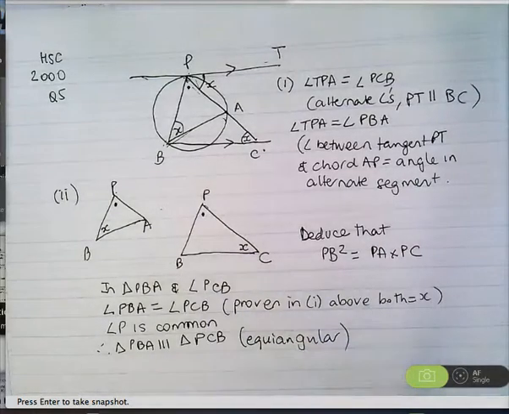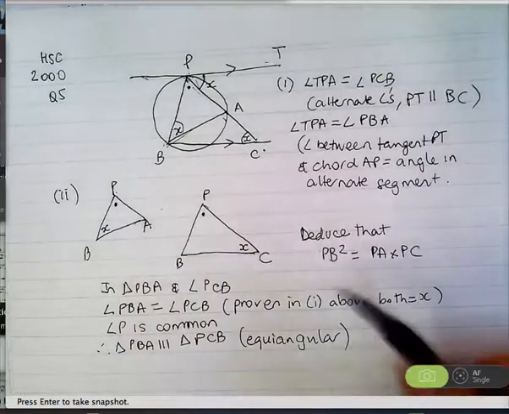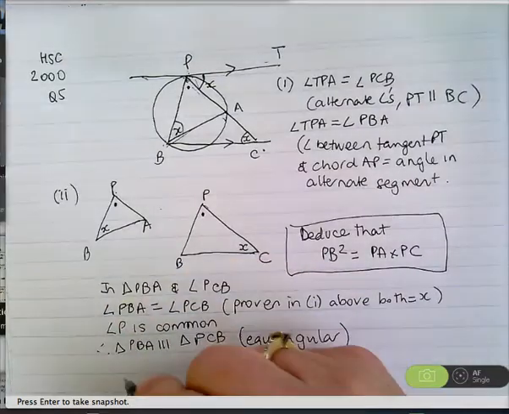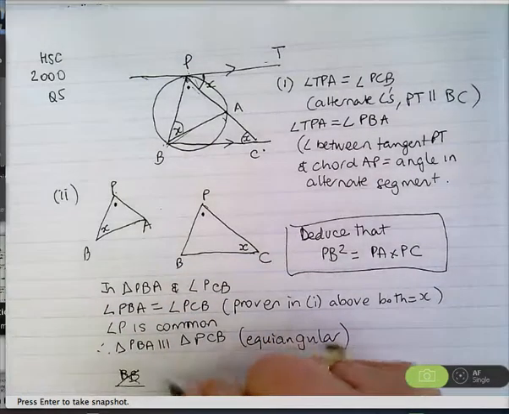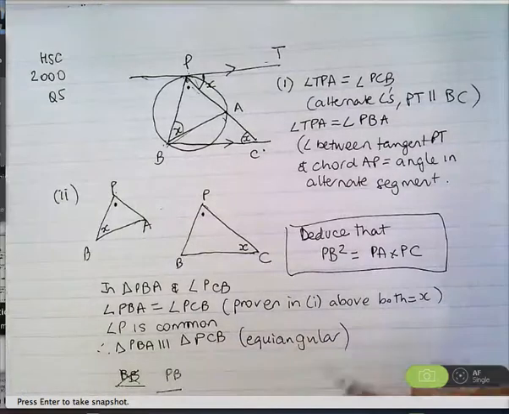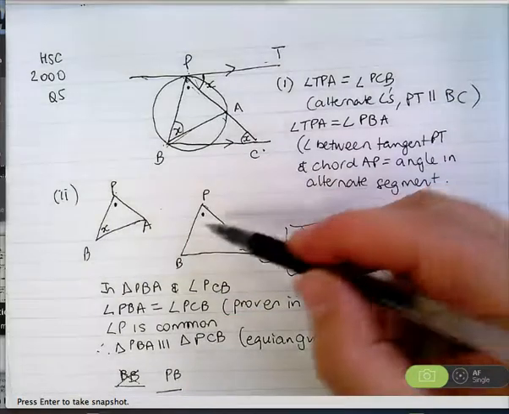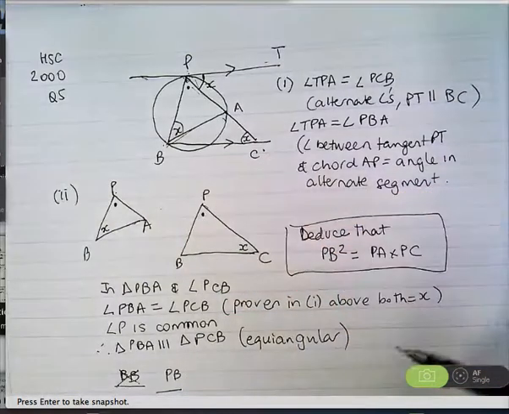I don't want to see a BC in there and I don't want to see a BA in there because they don't appear in what I'm trying to deduce. So let's do a PB in the first triangle.